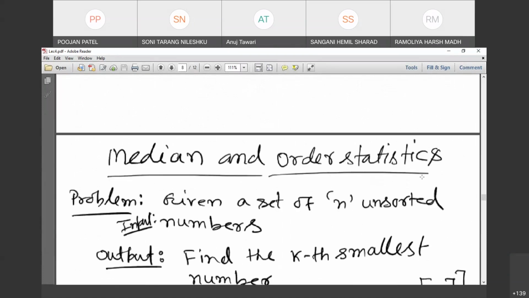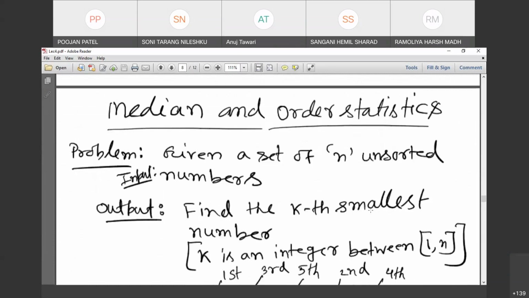Now we'll look at some array problems. That was linear algebra. We want to solve some array problems using divide and conquer. You are given a set of n unsorted numbers, in any arbitrary order, and we want to find the kth smallest number.